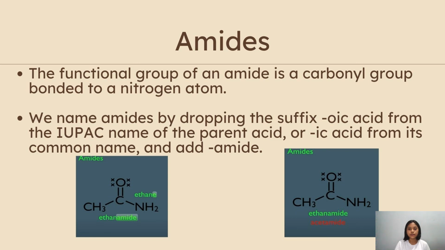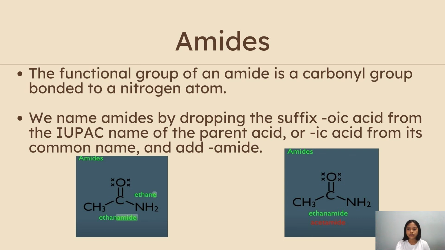To continue, the functional group of an amide is a carbonyl group bonded to a nitrogen atom. We name amides by dropping the suffix -oic acid from the IUPAC name of the parent acid, or -ic acid from its common name, and adding amide at the end.